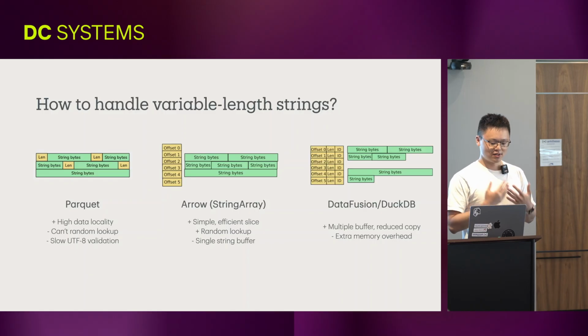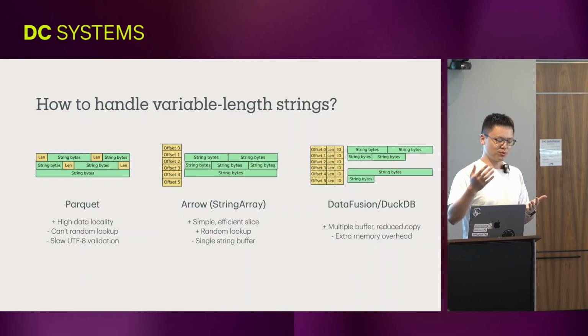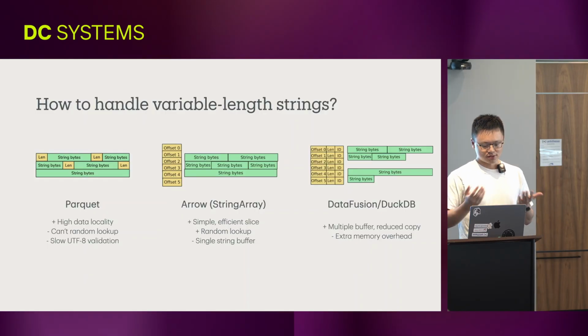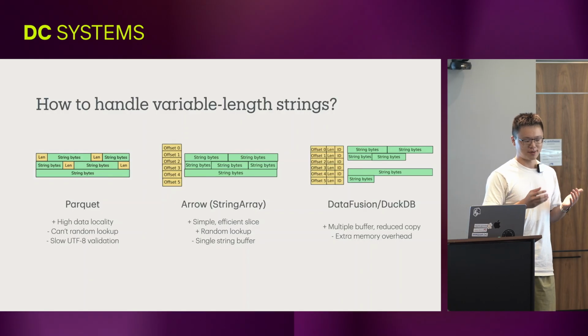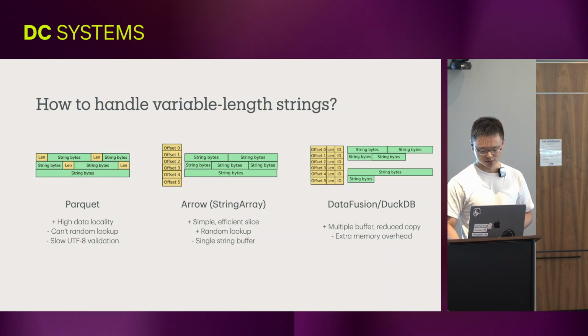This allows multiple buffers and reduces some of the copies when you decode data from Parquet. But the problem is also obvious, because it requires extra memory overhead. Each string now requires 16 bytes of metadata. So that's some extra overhead to pay.